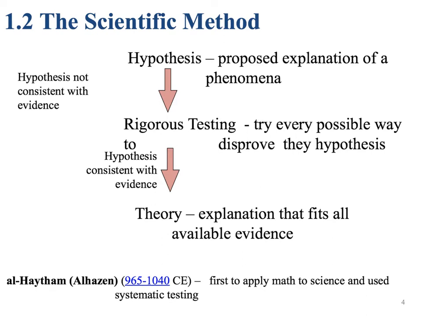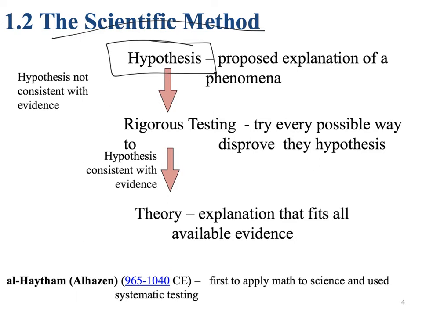When we do science, we apply what is called the scientific method. In the scientific method, the first thing we have is a hypothesis. This is a proposed explanation of a phenomenon. What do we do with this hypothesis?